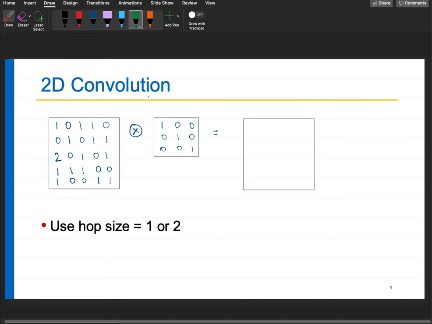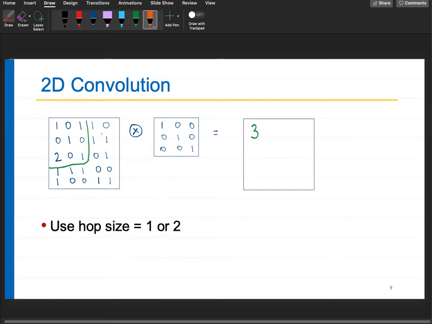So you multiply your kernel with the first window and you sum over all the products. What do you get? 3.